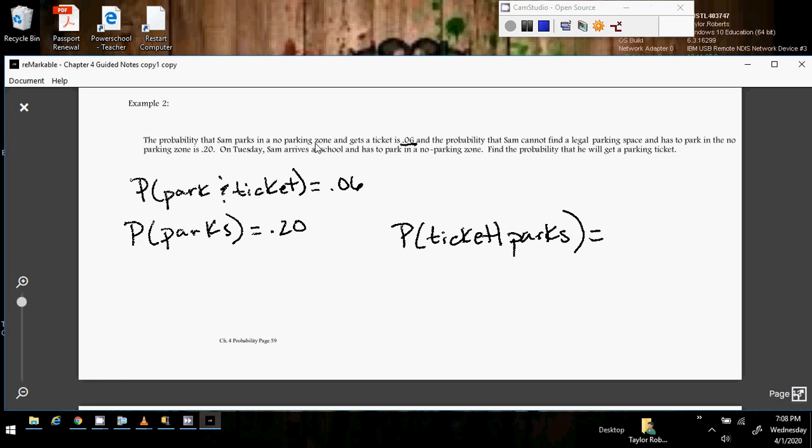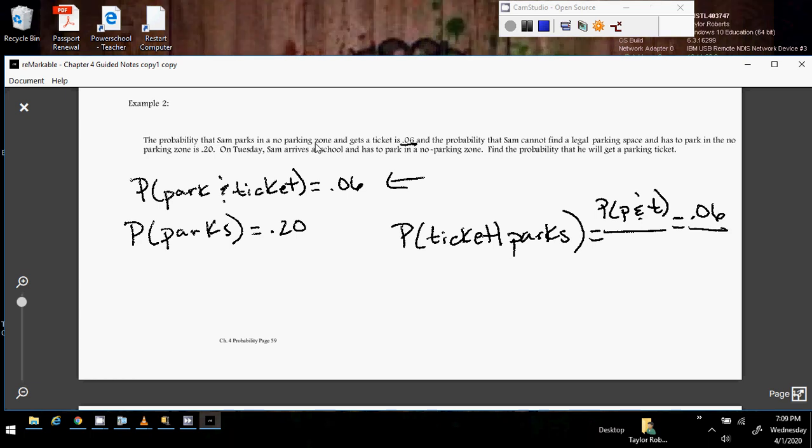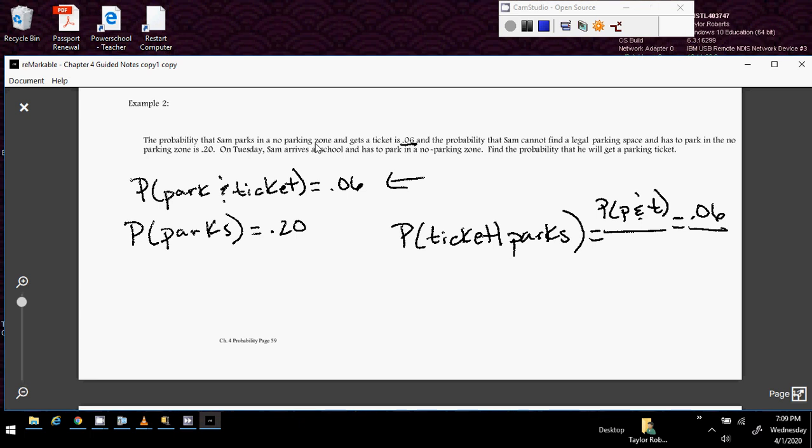Okay, so just remember that the and goes on top. That's this one here. So probability that he parks and gets a ticket goes on top, which would be 0.06 on top. Now, if you notice, ticket over parks means that probability of parks would go on the bottom.